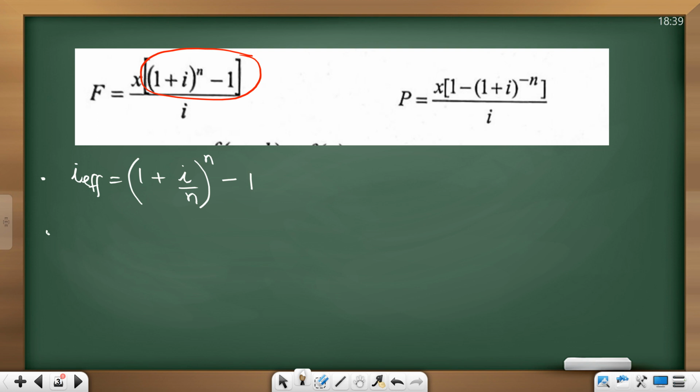Important thing I need you to know. Please take note. The interest and the payment must always be in the same frequency. What do I mean, guys?